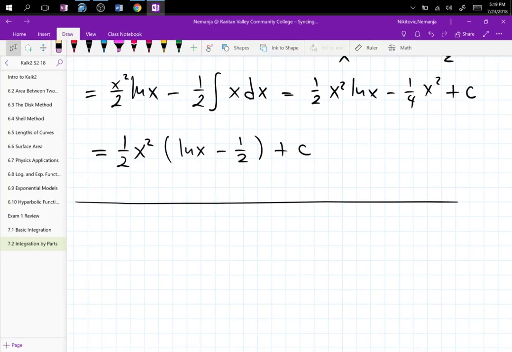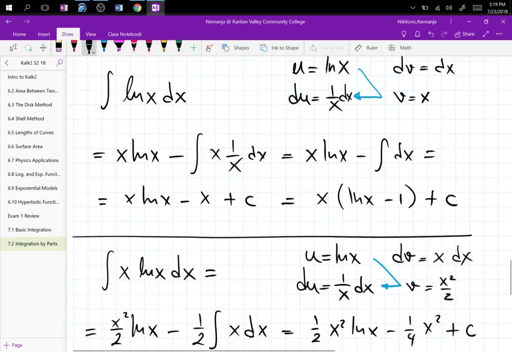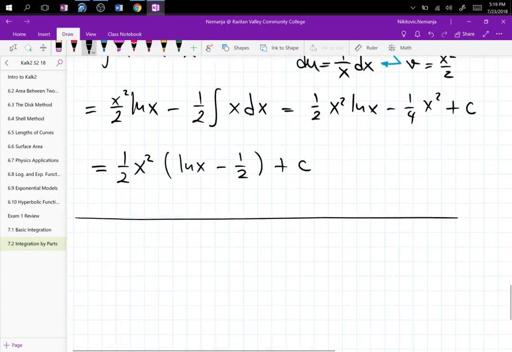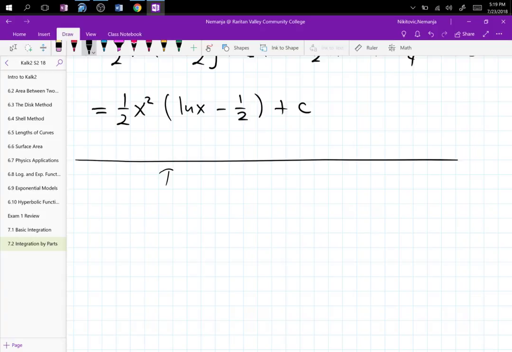So now, let's go and do definite integral. So definite integral done by integration by parts. Here's problem 32.